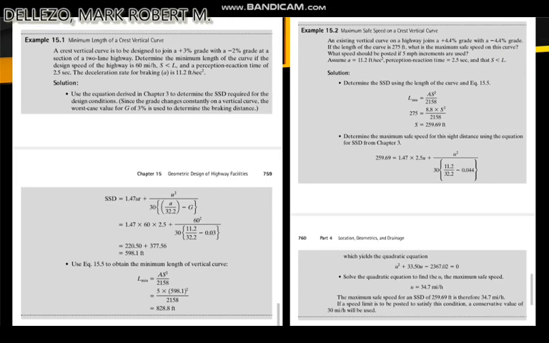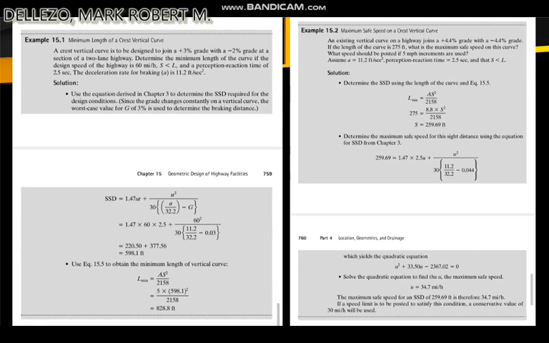Example 15.1: minimum length of crest vertical curves. A crest vertical curve is to be designed to join a plus 3% grade and a negative 2% grade at a section of a 2-lane highway.